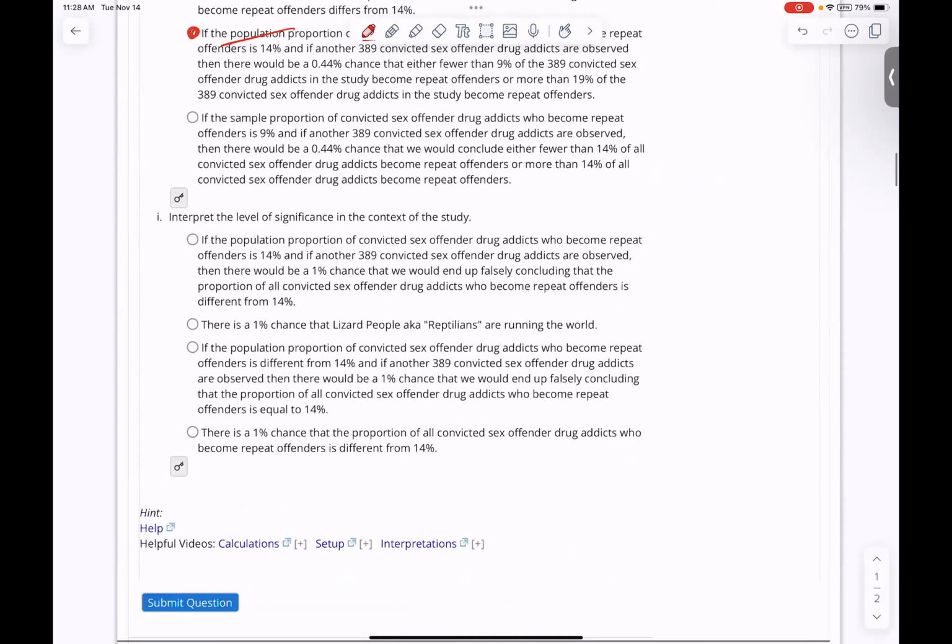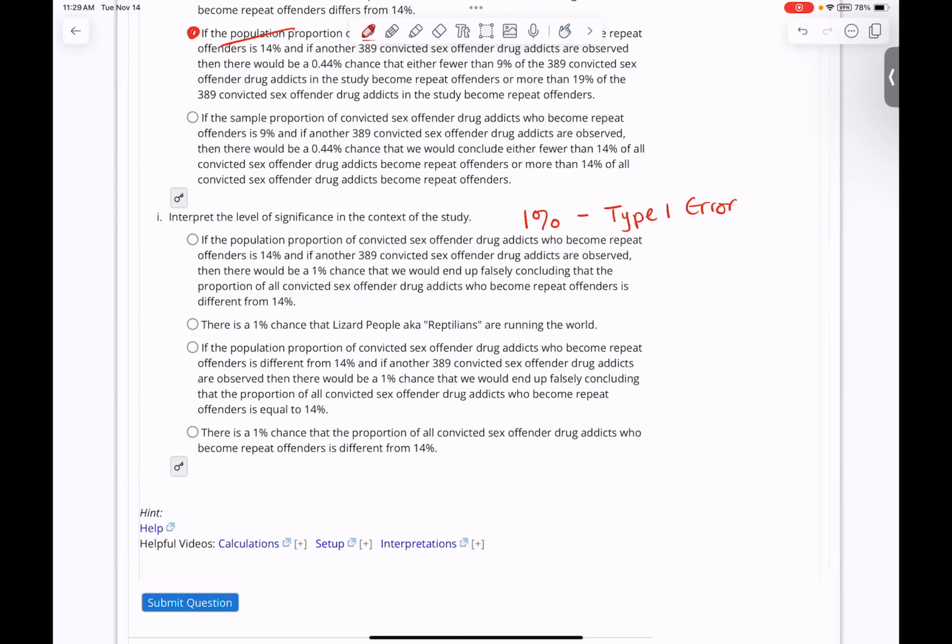Okay, interpret the level of significance. Our level of significance was 1%. So that is the top percentage or the probability of a type 1 error, which is rejecting the null if it is actually true. So you're concluding that the alternative is true when it actually is not.